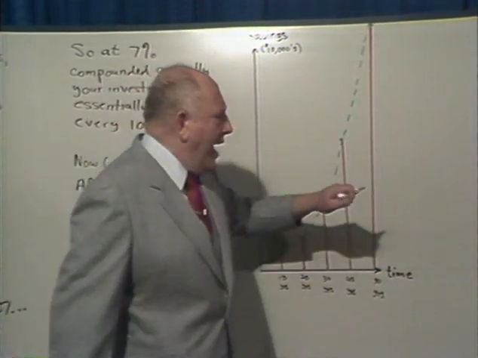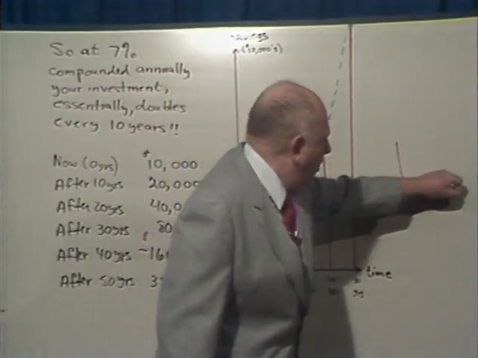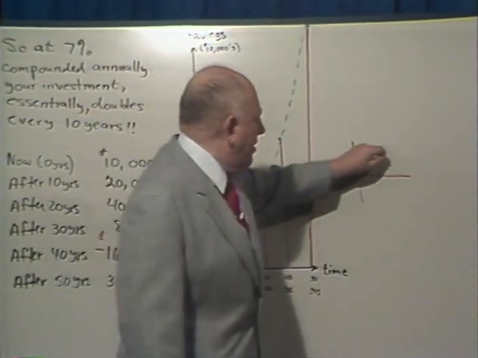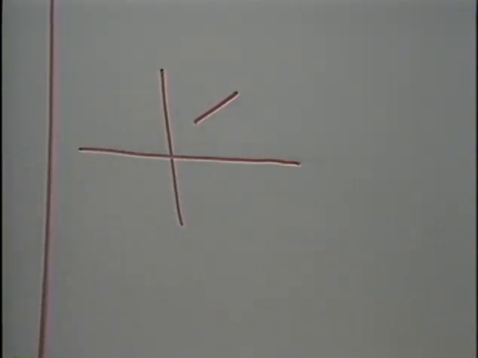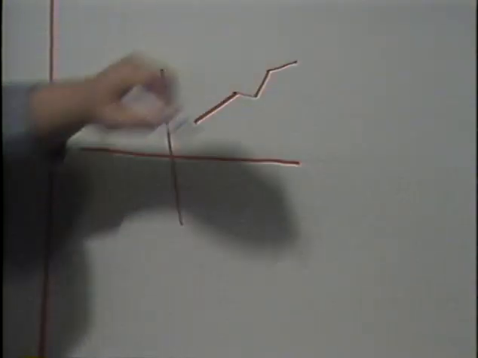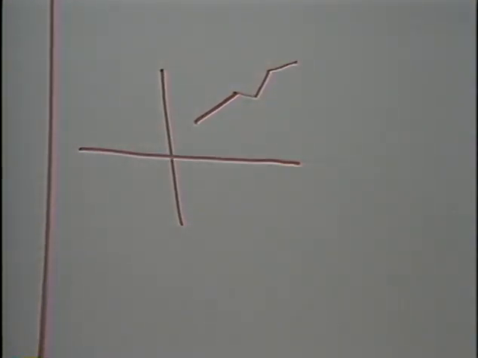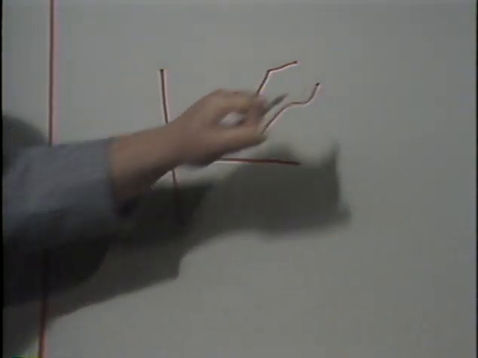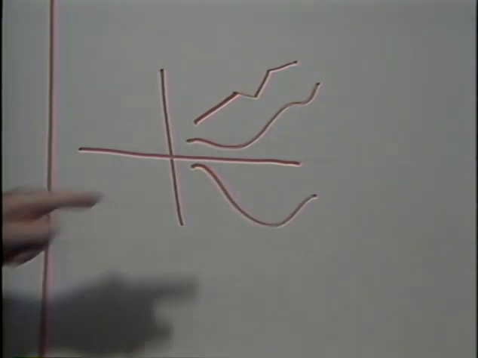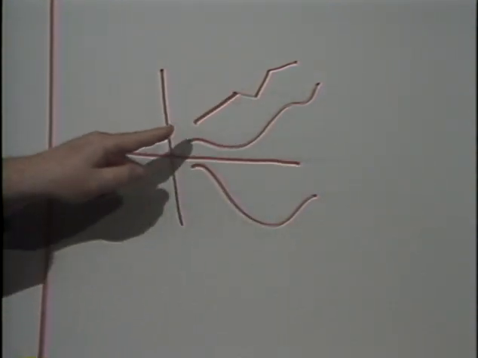Let me just end today's lesson with a very quick summary. When you graph something, linear means it's a straight line. Constant means a straight line. If you have several constant rates in the same problem, it just graphs as several straight lines. In general, things will graph in different shapes. And what advanced math is all about is analyzing these different shapes.